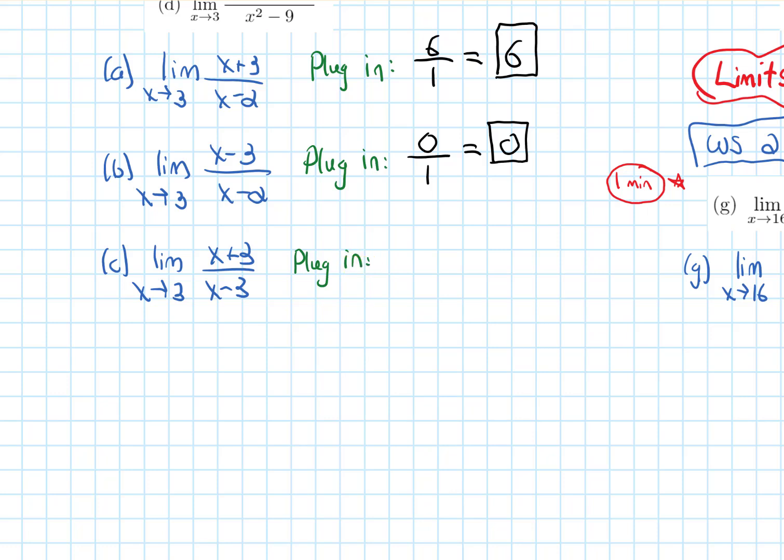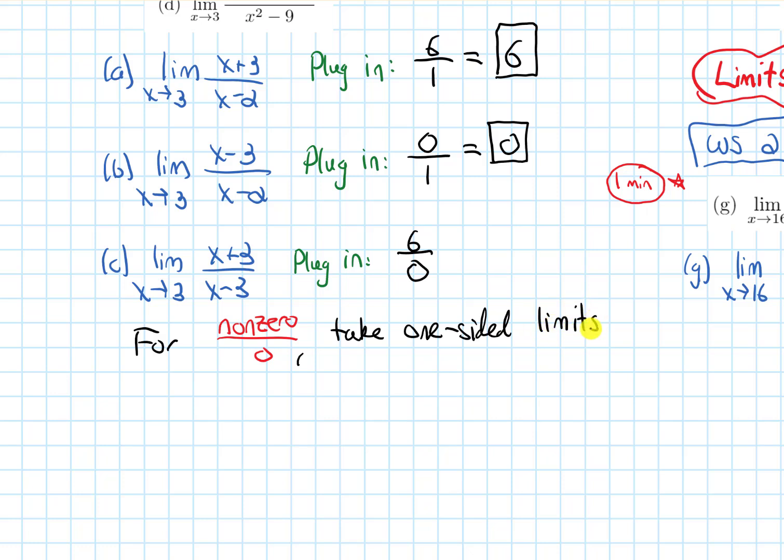And if I do that, this time on the numerator, I'm going to get 6. And on the denominator, I'm going to get 0. When we have a non-zero on the top and a 0 on the bottom, so for expressions of the form non-zero over 0, after you just straight up plug in the number, our strategy is to take one-sided limits.